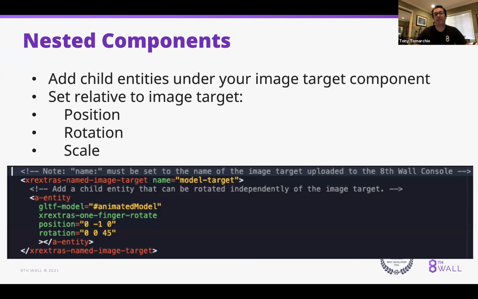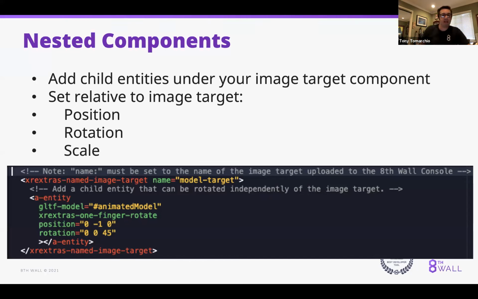Again, I'll go back to a business card example, where I want an augmented business card where a video plays over the business card, but maybe I want to have 3D models that are offset. In that case, you could have your named image target component, a video as a child perhaps without a positional offset, and then a 3D model as another child with an offset so that it's over to the side.